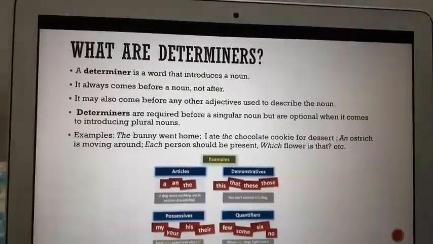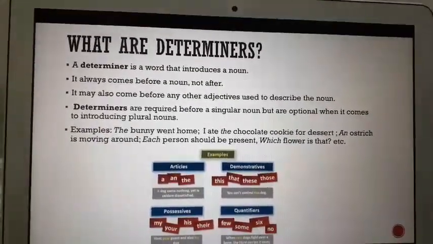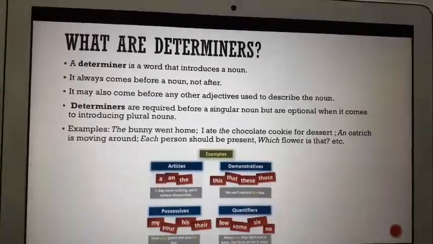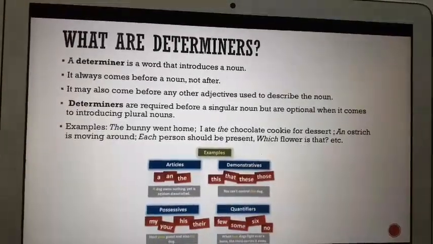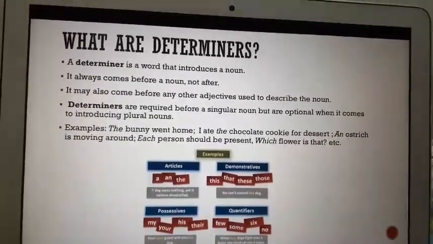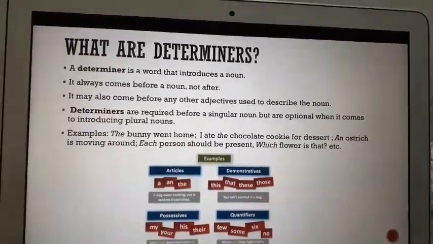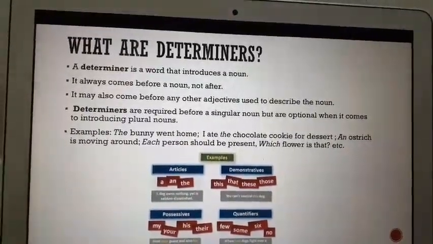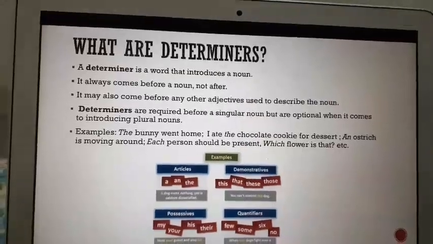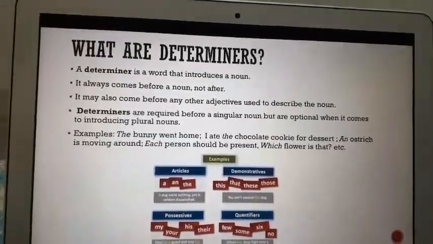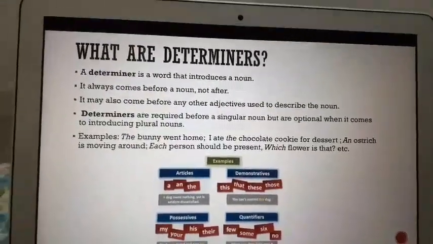It always comes before a noun and not after it. It may also come before any other adjective used to describe the noun. So, any adjective which is used before a noun to describe it, the determiner may come just before that adjective.